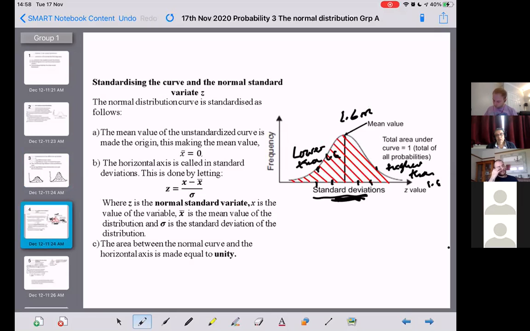So that area marked out in red is set to be equal to 1. It represents all the possible probabilities that we could have, and they all add up to 1. I understand that's a little bit opaque at the moment, in terms of you haven't done an example, but do you all kind of get where I'm coming from with that?